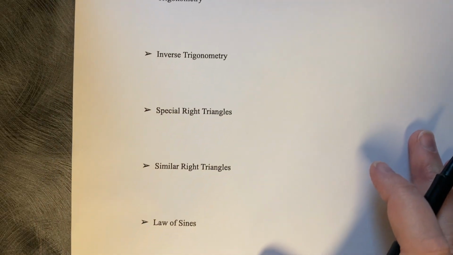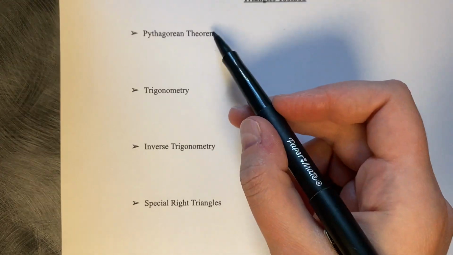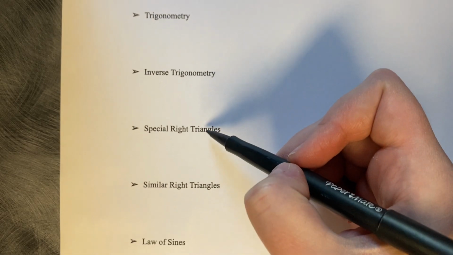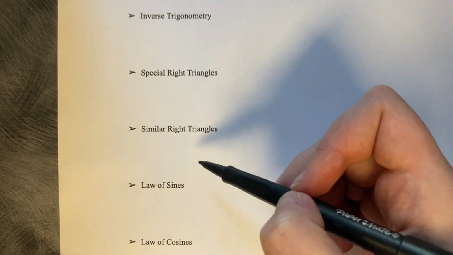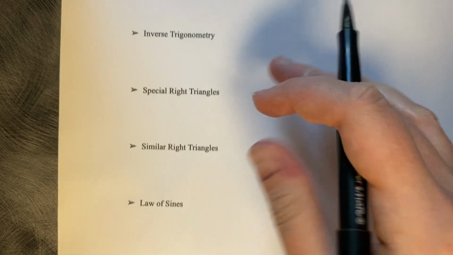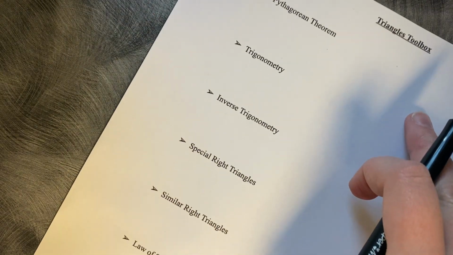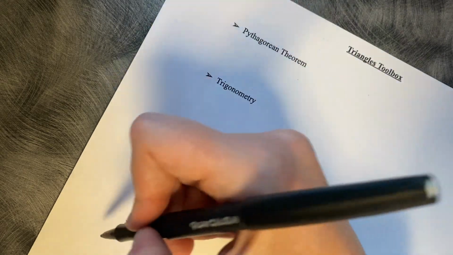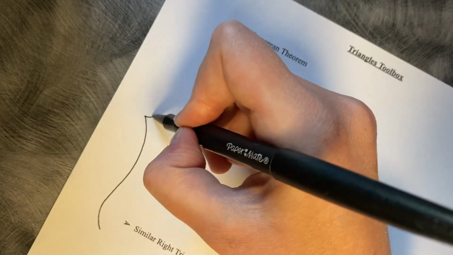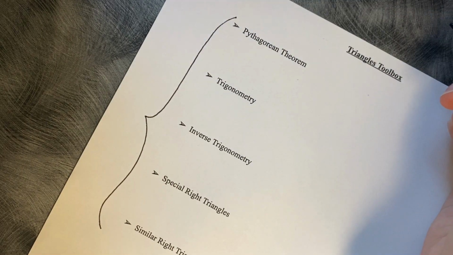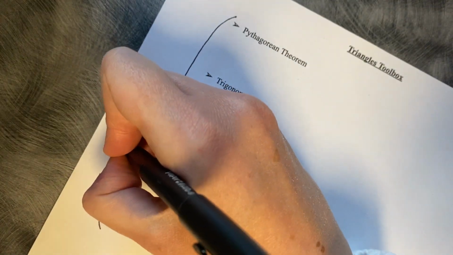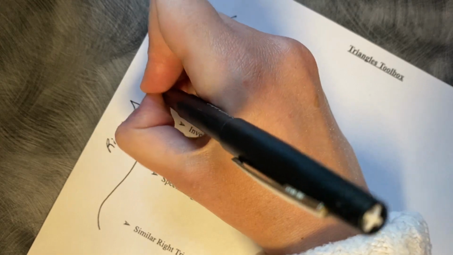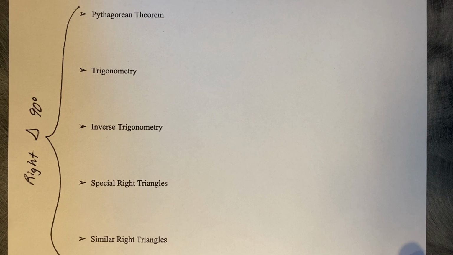Something that you should note is that these first, Pythagorean theorem, trigonometry, inverse trigonometry, special right triangles, similar right triangles, but not law of sines and law of cosines, all of these require the knowledge of a right triangle. You must have at least one 90-degree angle to use any of those tools.